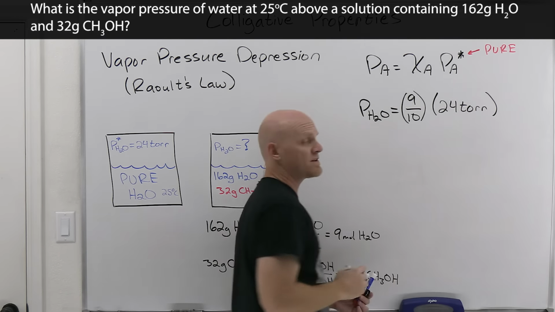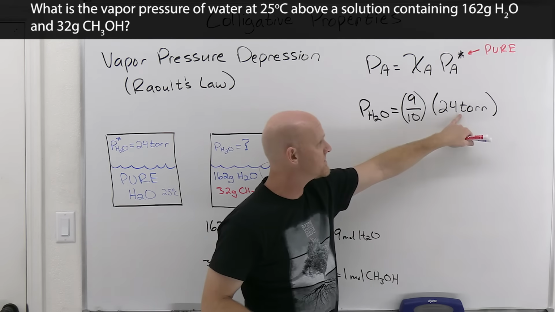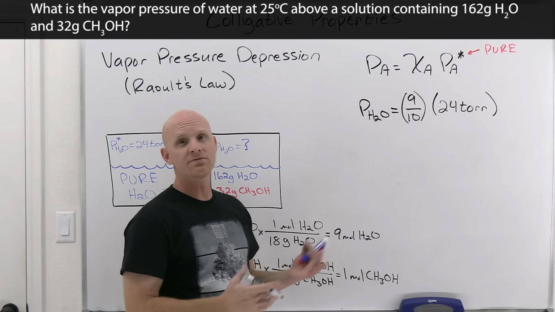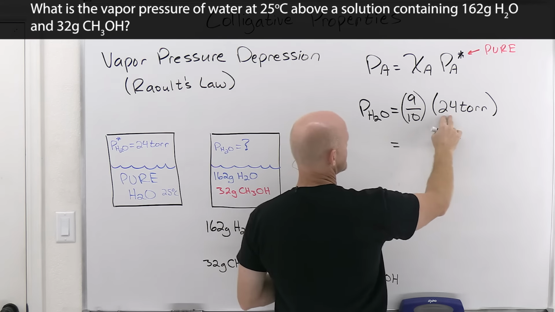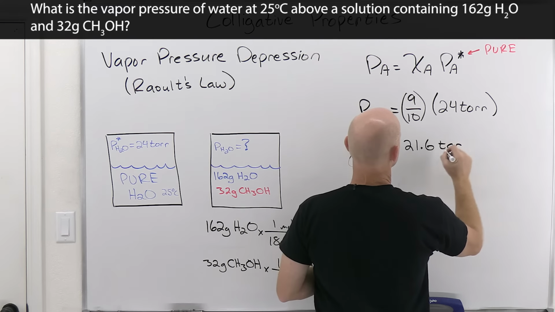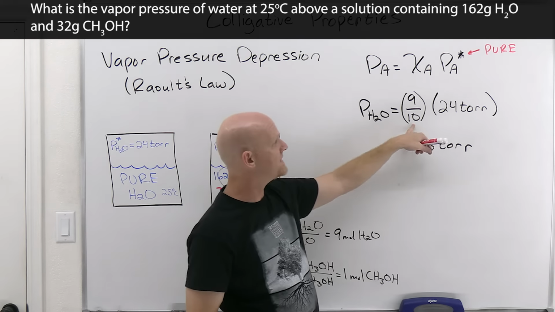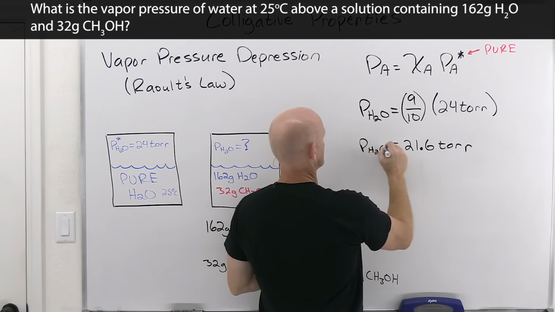And 9/10 times 24, and again, if you want to do this in your head, you might think that 1/10 of 24, just move the decimal place back, is 2.4, and you might just subtract off that 2.4 to have the 9/10 that remain. And so in this case, that's going to come out to, subtracting off 2.4, 21.6 torr. Or if you like plugging that into your calculator, you can do 0.9 times 24, and you'll still get 21.6 torr.